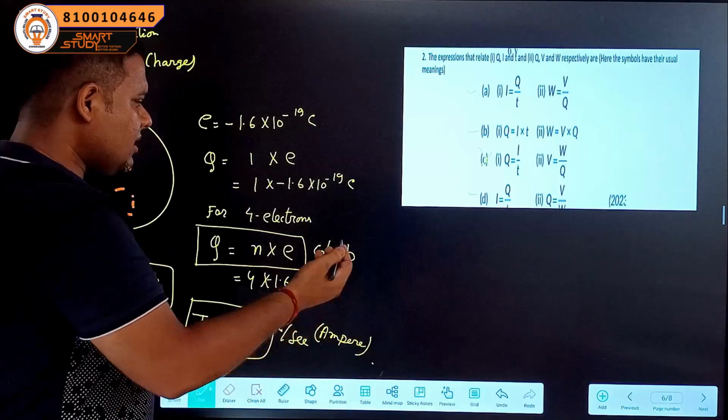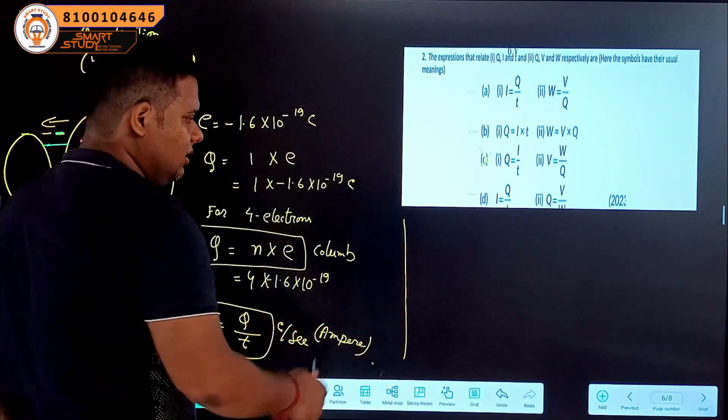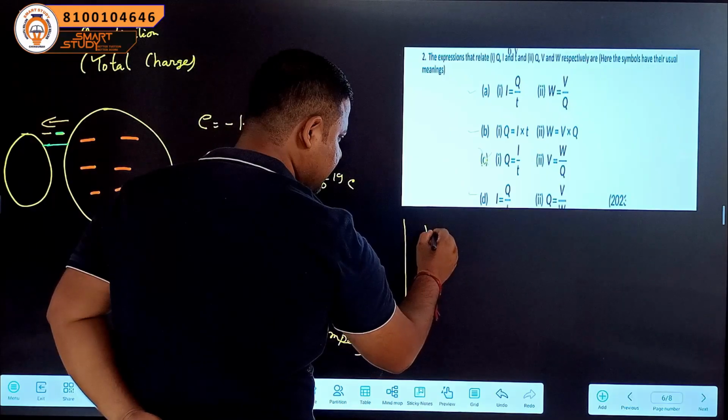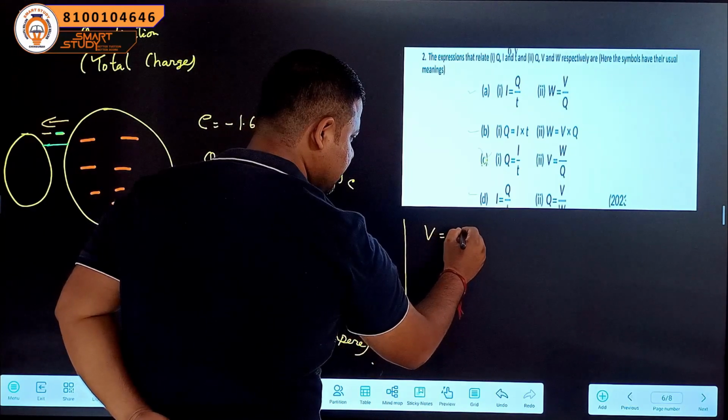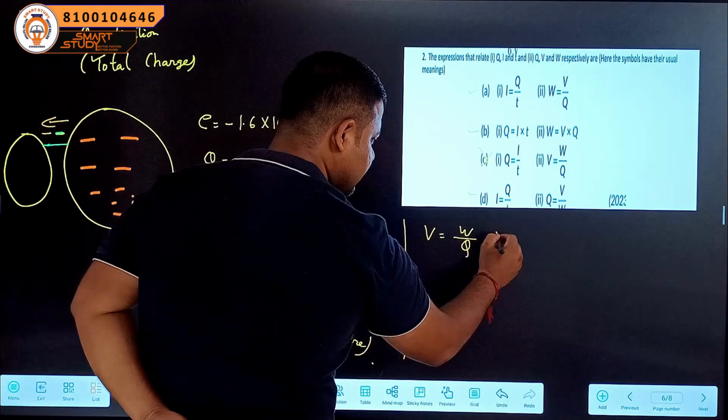Now simple, we know the definition of voltage. Voltage is nothing but the total work done by the total charge Q, and the unit is volt.